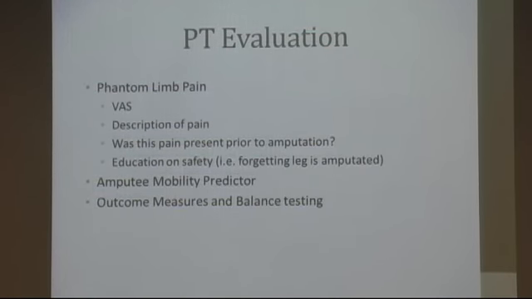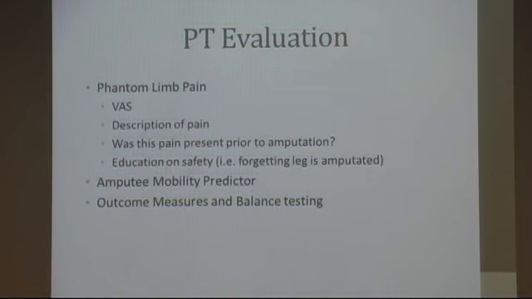So we will be going through these different areas for evaluation. We kind of picked out just some additional evaluation things that we may be doing with these patients. Otherwise, everything else is what we standardly do with these patients. So one area is phantom limb pain using the visual analog scale.